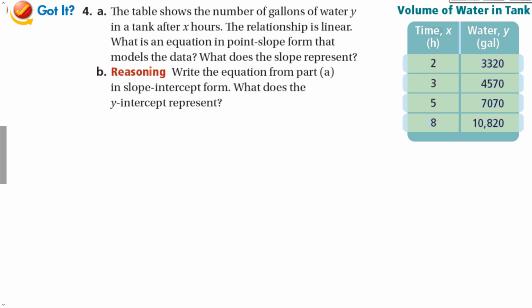Okay, same thing. Looks like after a certain number of hours, we're filling up the tank. We're not taking water out of the tank. So my answer, best to use the easiest points, these two. We're going to first find the slope, which would be 4570 minus 3320 over 3 minus 2.